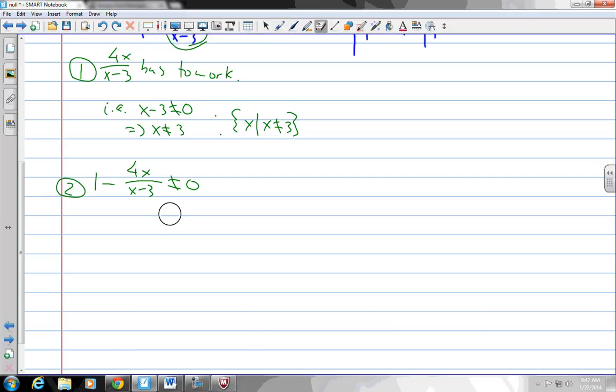So you can do the x minus 3 now. Multiply both sides by x minus 3. So you'll get x minus 3, minus 4x equals 0.